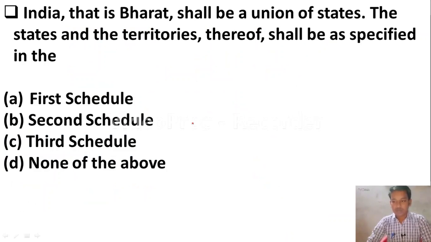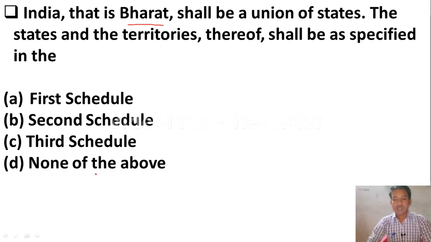Here the first question is: India, that is Bharat, shall be a union of states. The states and the territories thereof shall be specified in option A, first schedule, option B, second schedule, option C, third schedule, option D, none of the above. Friends, India, that is Bharat, shall be a union of states.